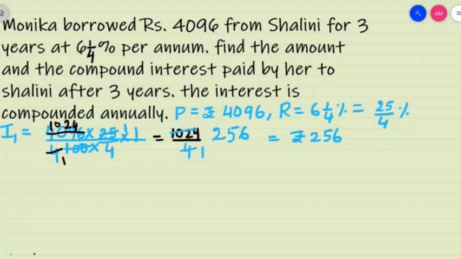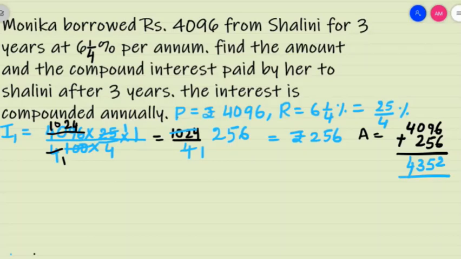Okay, now children, what will be the amount after the first year? After the first year, the amount will be equal to 4096 plus 256. Okay, so what will be the amount? Let us see. 6 and 6 is 12, 2 carry 1, 1 and 5 is 6, 5, 2 and 1 is 3, and 4.